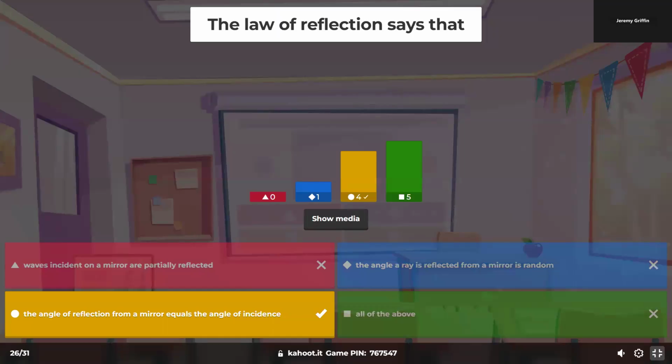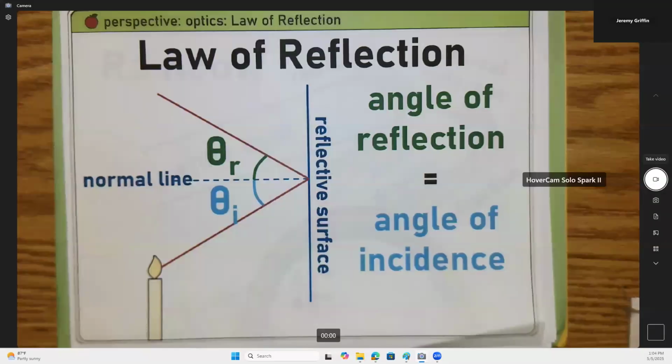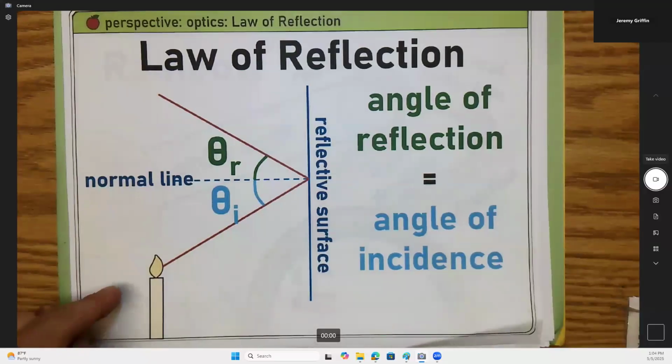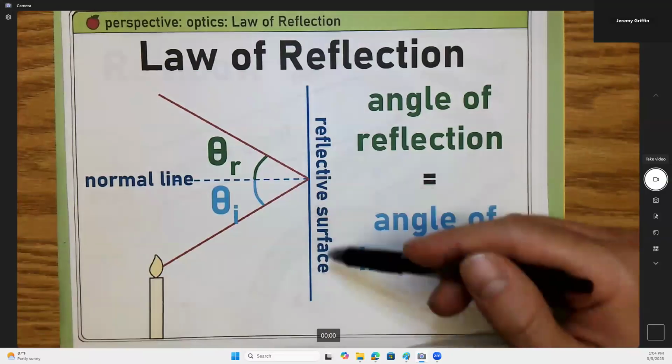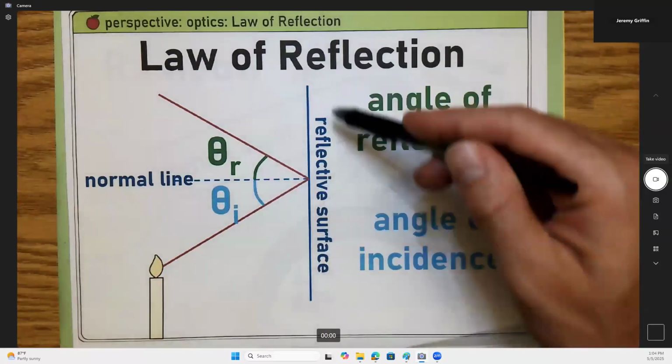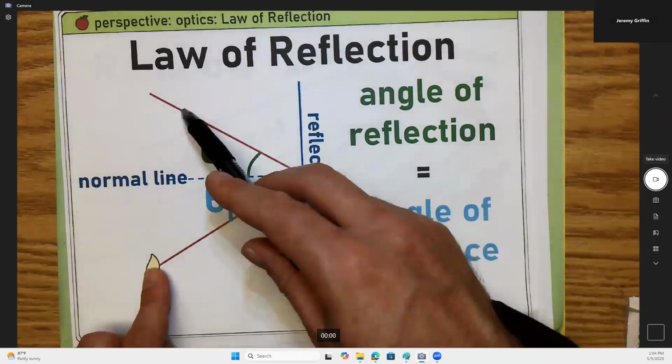It says the angle of reflection matches the angle of incidence. Here's a bigger, better version of this. Okay. So you guys think that this light source is sending out like a billion rays of light all in different directions? Okay. Here's a mirror. I have a vertically oriented mirror right here. Okay. I'm following one light ray. It's gonna bounce off that mirrored surface.